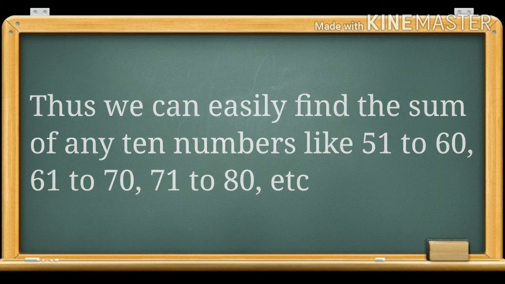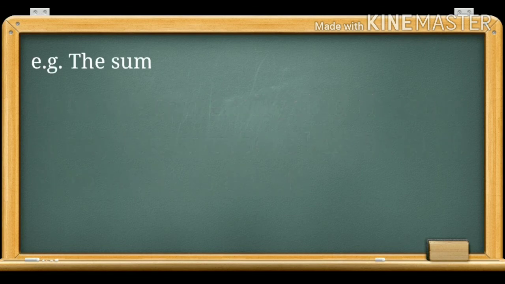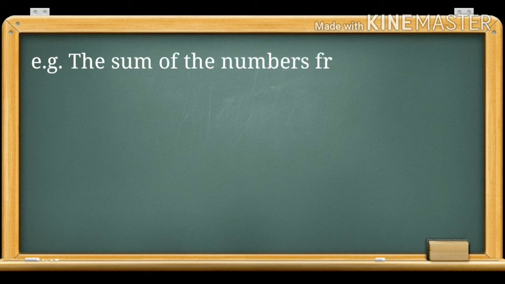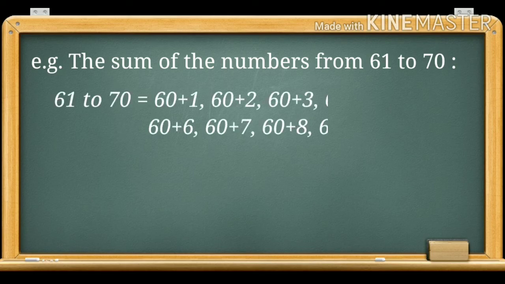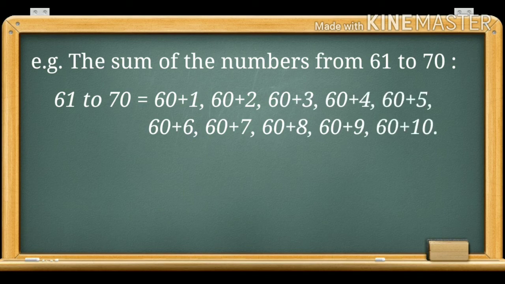For example, the sum of the numbers from 61 to 70. The numbers from 61 to 70 are written as 61 is written as 60 plus 1, 62 is written as 60 plus 2 and so on. 70 is written as 60 plus 10.